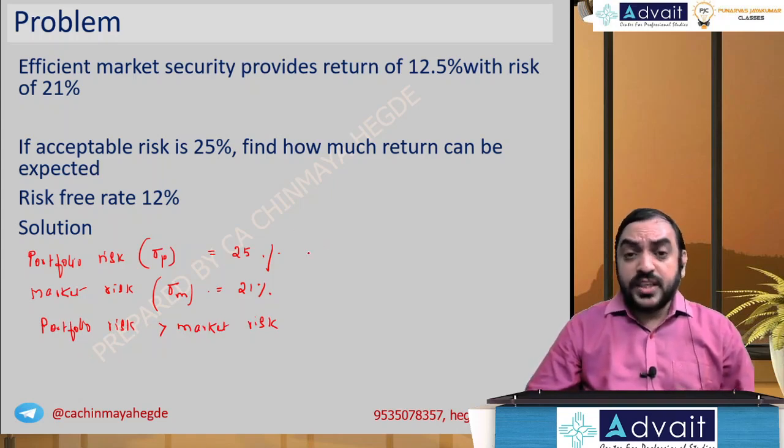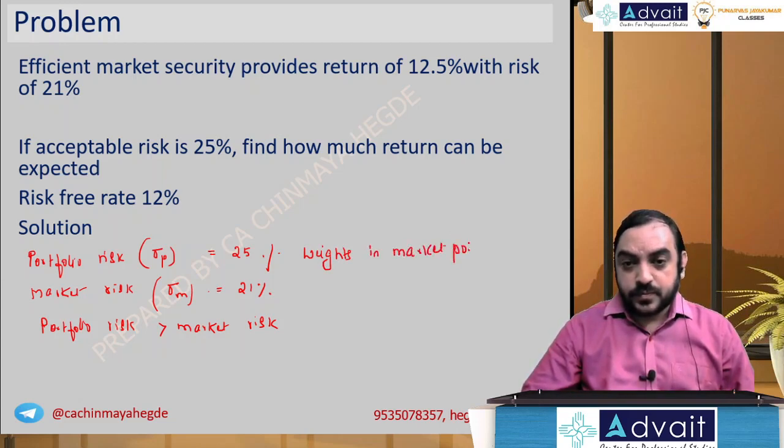Therefore, how much are your weights in the market portfolio investment? That is the weight in the market portfolio, I'll say WM.